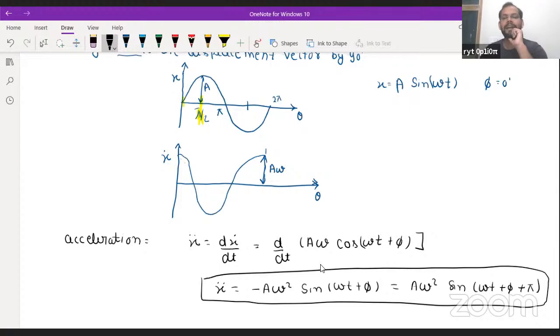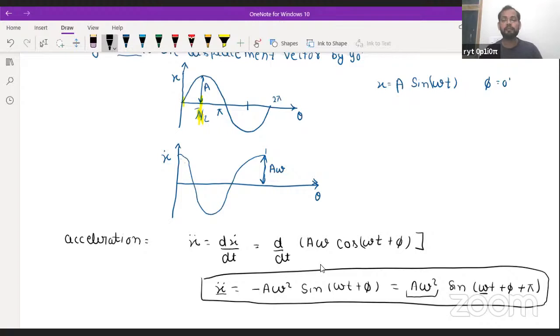Very good. AS is saying it is a omega square, because I have already told you that in every vibration equation, the coefficient of the harmonic function represents the maximum value. Because it is the acceleration, it represents the maximum magnitude of acceleration.